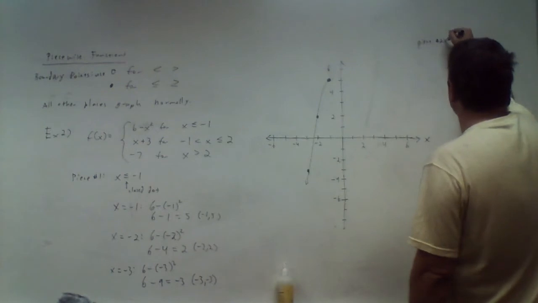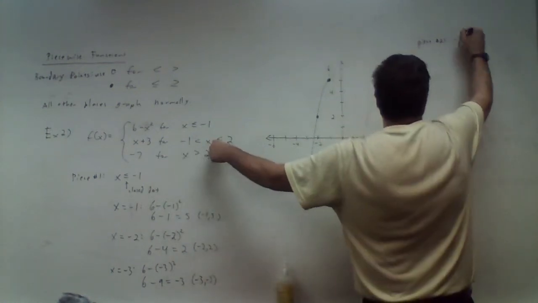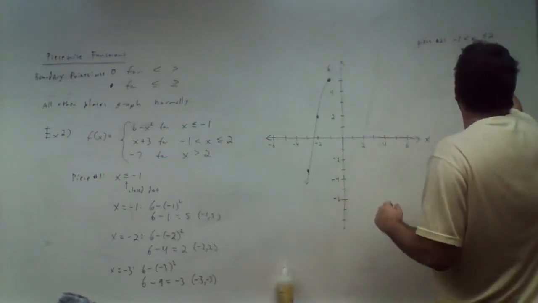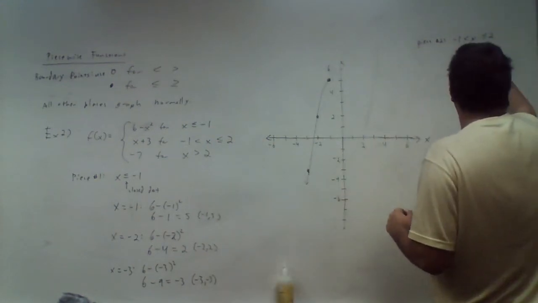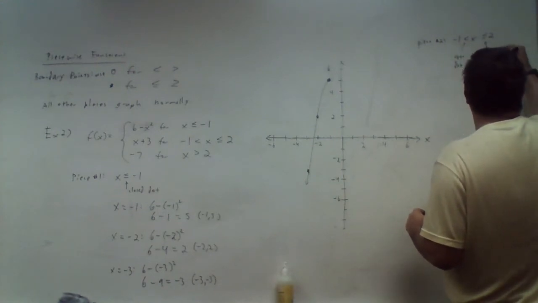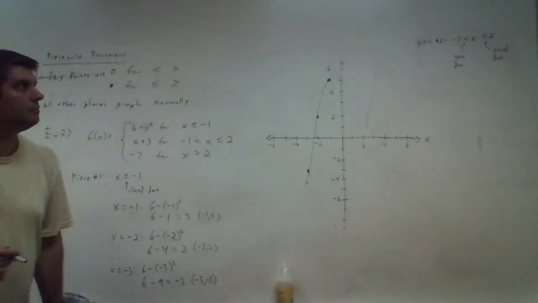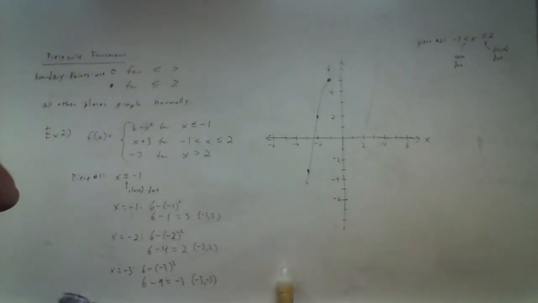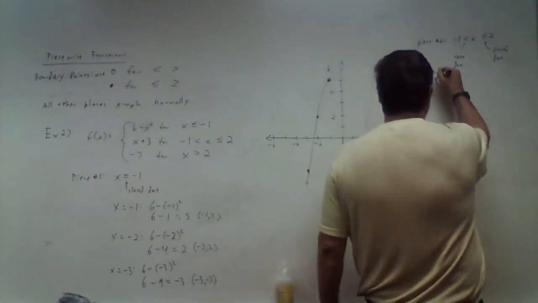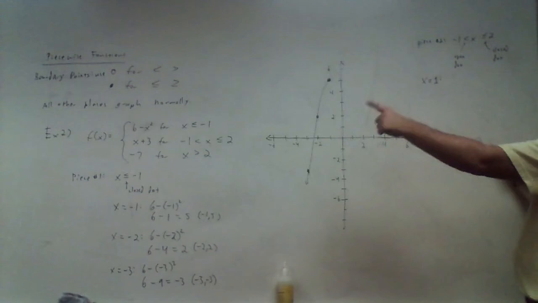Piece number 2. Negative 1 is less than x, which is less than or equal to 2. That's going to be an open dot at the left end, and a closed dot at the right end.